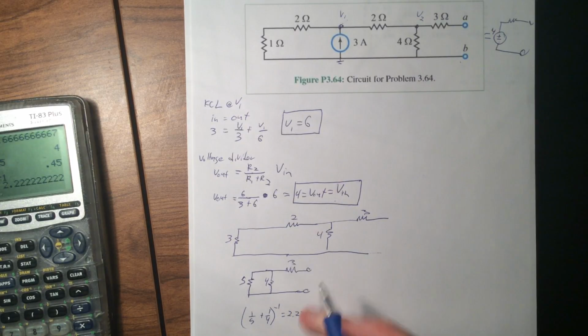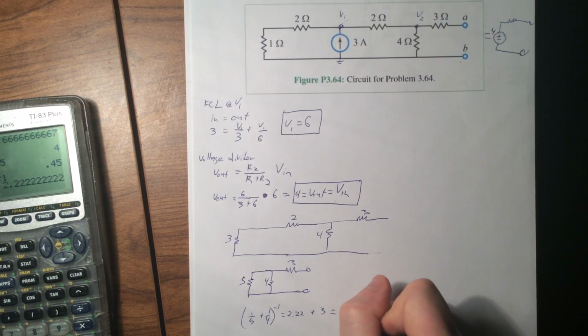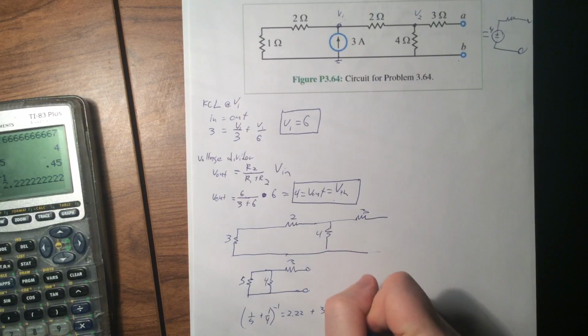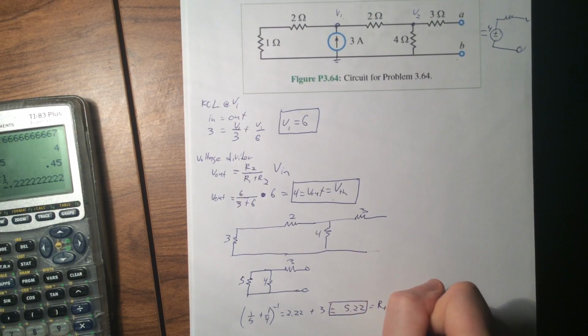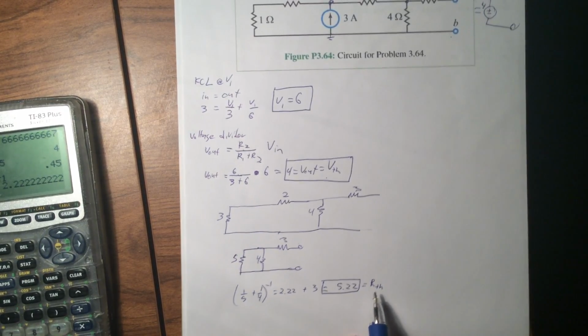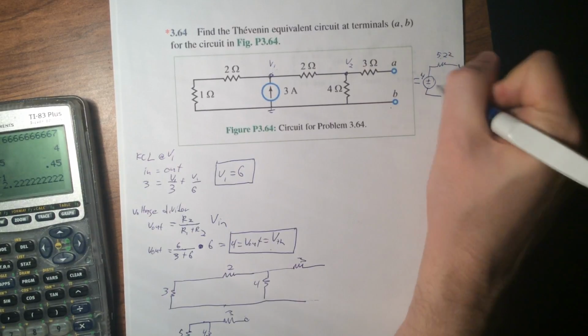Then this plus 3 is going to equal 5.22 ohms. Okay? And that's going to be special. That's going to be our R Thevenin, our total R for this specific problem. So we can plug this back in up here as 5.22, and that is our solution.